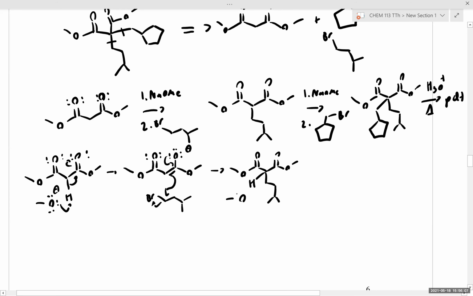But we're not done. If we treat this product with another equivalent of methoxide, we can make another enolate.